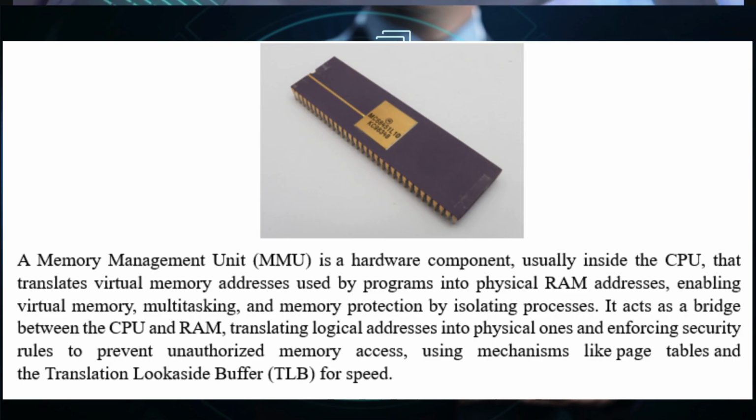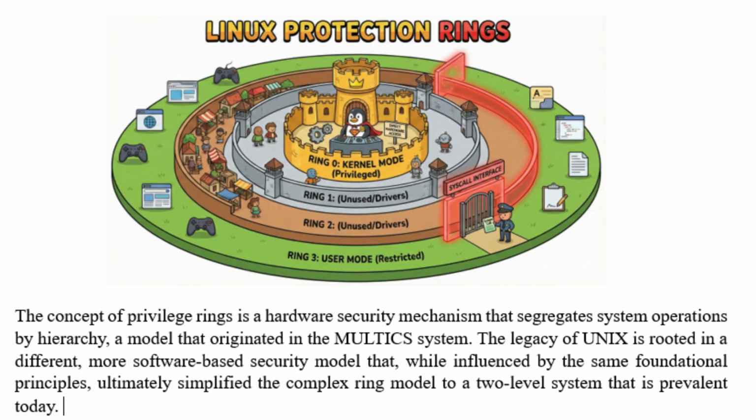So, for security, privilege rings and the legacy of Unix. A final piece of the modern OS puzzle was the implementation of protection rings, or memory access privileging. Operating systems like Multics, which heavily influenced Unix, introduced the idea of different privilege levels for code. The core of the operating system, the kernel, runs in ring 0 with full access to hardware.